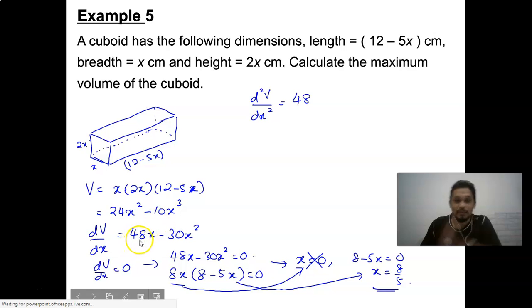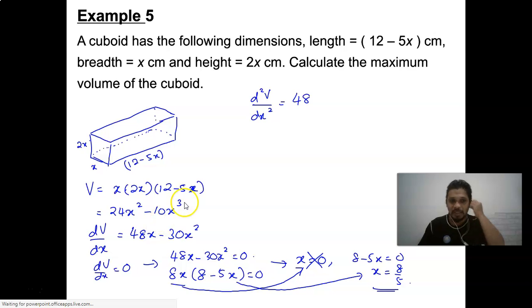So let's find the second derivative. The second derivative means that we differentiate the first derivative here, 48x, which comes to 48, and minus 2 times 30, equal to 60x.